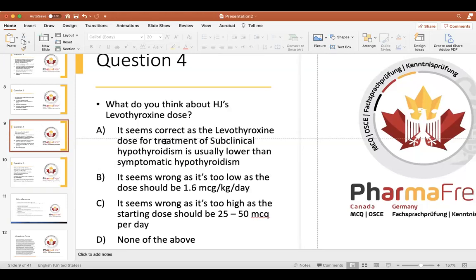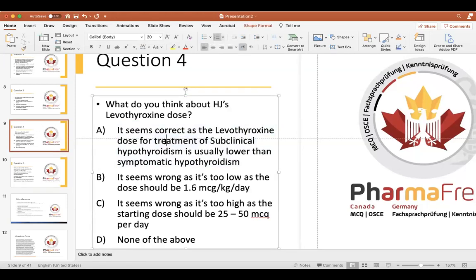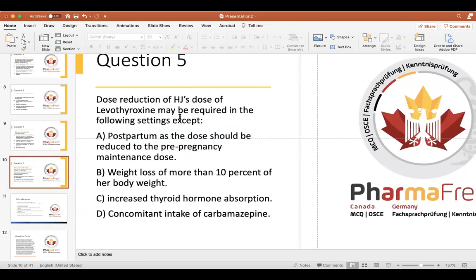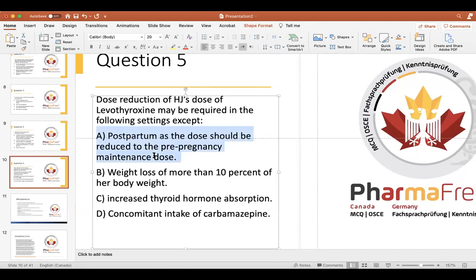The answer, as we said for question number 4, is A. Options: postpartum, as the dose should be reduced to the pre-pregnancy maintenance dose; weight loss of more than 10% of her body weight; increased thyroid hormone absorption; concomitant intake of carbamazepine.